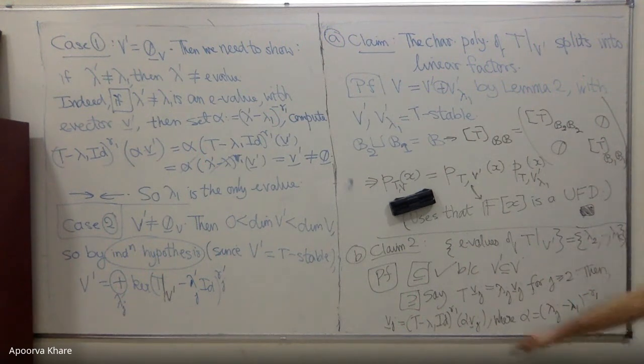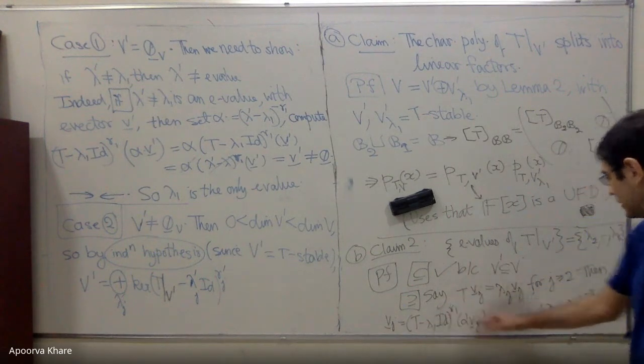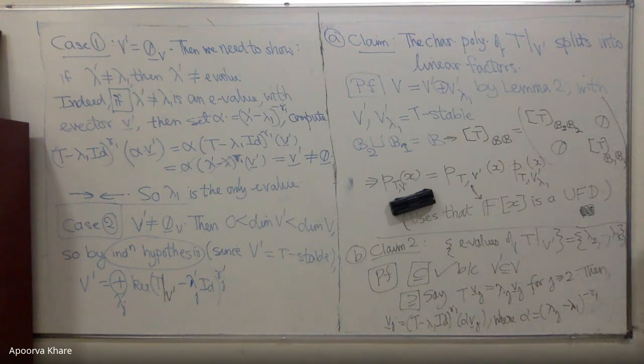So when you put this in here, because this is eigenvalue lambda j, you get lambda j minus lambda 1 to the r1 times the same thing to the minus r1, and that is precisely 1. And so indeed, this belongs to the image. Because the eigenvectors for these belong to V prime, therefore the eigenvalues here are indeed eigenvalues of this. So both inclusions are proved and we are done.